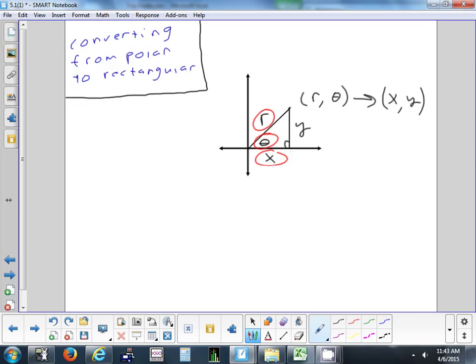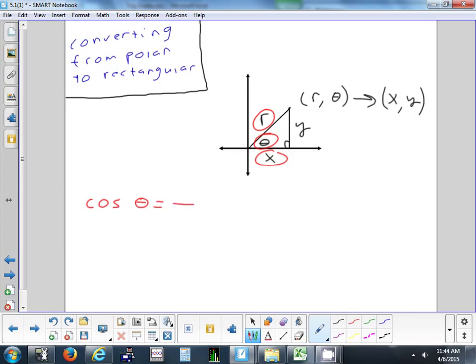And if you're not sure, figure out the names of these sides. R is across from the 90. X is right next to theta. Cosine. X is adjacent. R is the hypotenuse in a right triangle. So cosine.